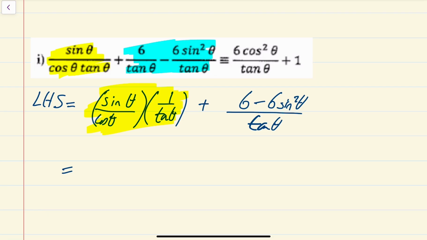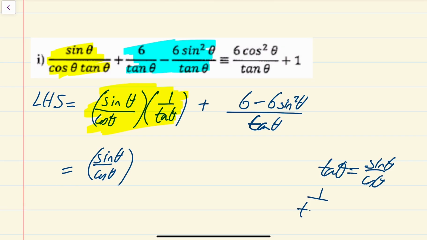Now, this first yellow bit, sine theta cos theta and 1 over tan. Remember, tan is sine over cos. So 1 over tan is just that upside down, so it's going to be cos over sine.